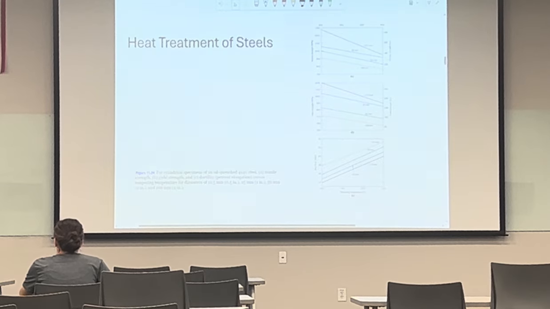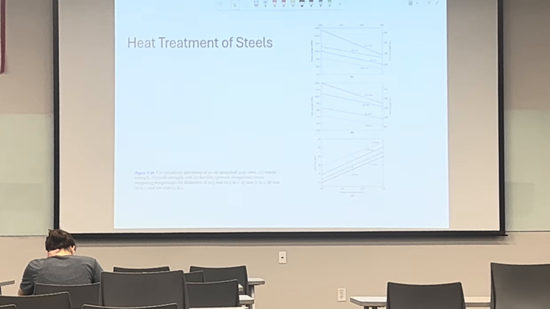Okay, so the problem's asking if we can temper an oil quenched 4140 steel cylinder shaft with a 12.5 mm diameter, so as to give a minimum yield strength of 1000 megapascals and a minimum ductility of 16% elongation.